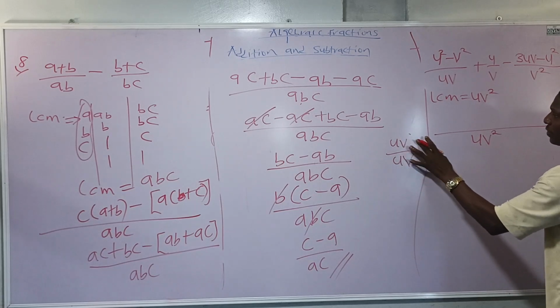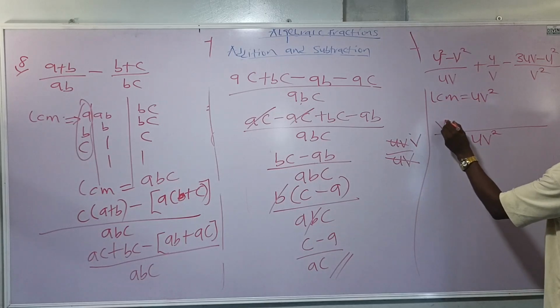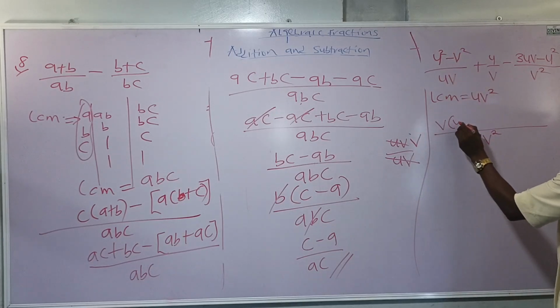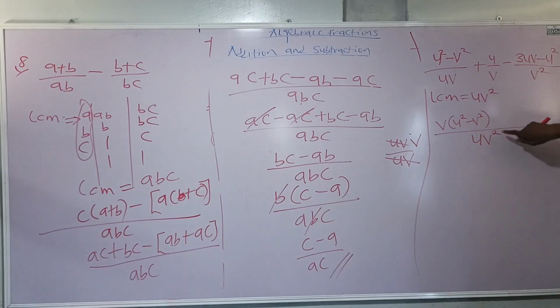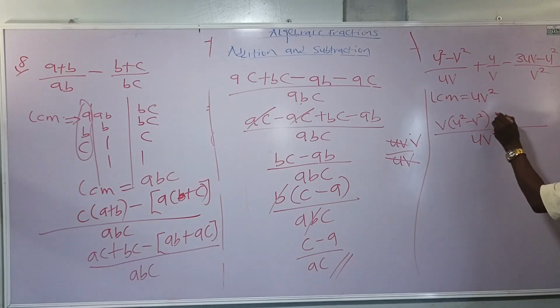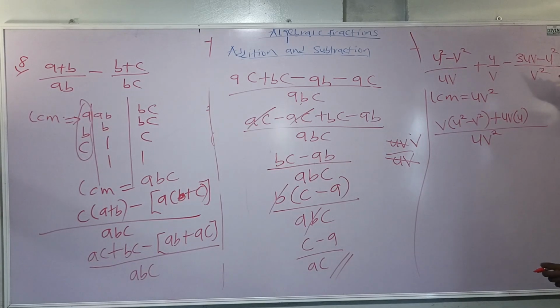The uv squared is the same thing as uvv. uv cancel uv, I have v left. And I'll have brackets u squared minus v squared. If v cancels uv squared, I'll have uv. So I have plus uv multiplying u. And if v squared divides uv squared, I'll have u left.